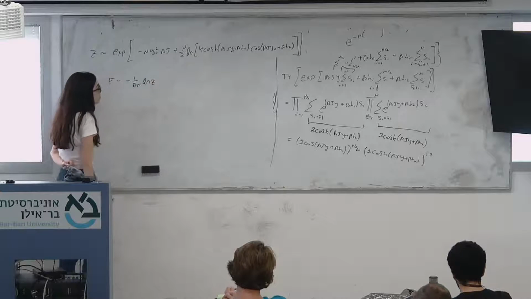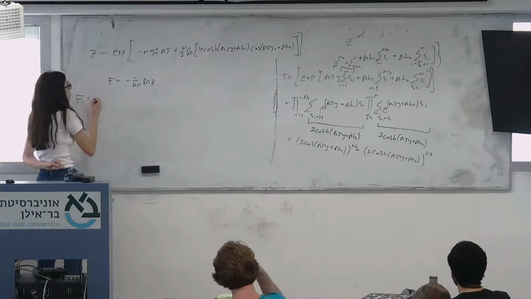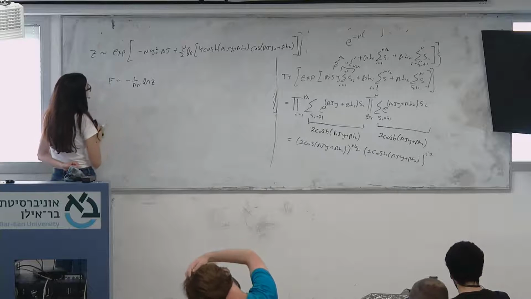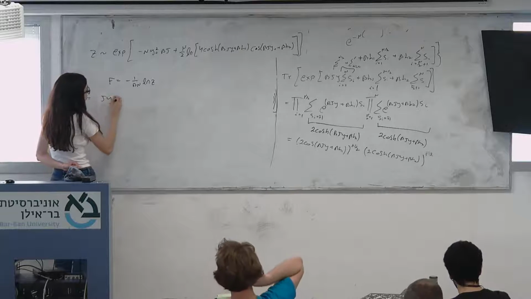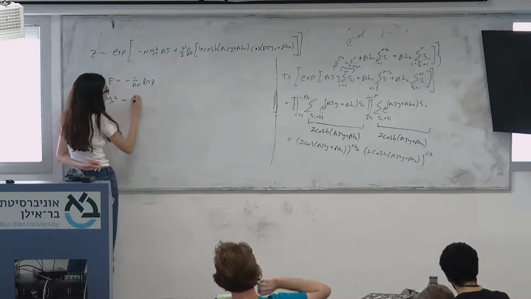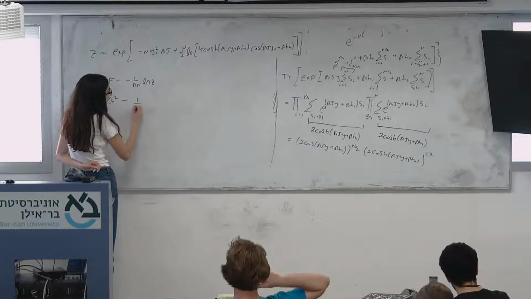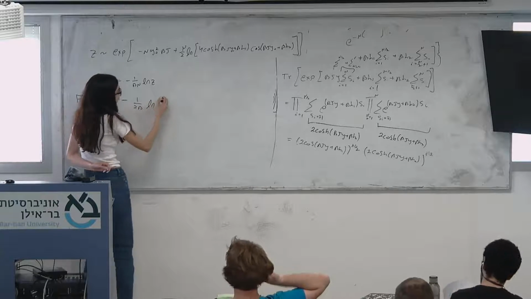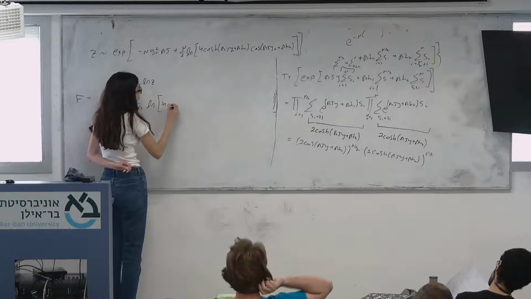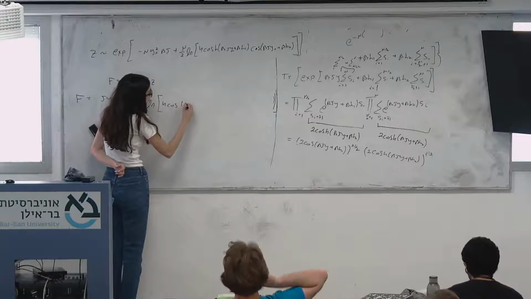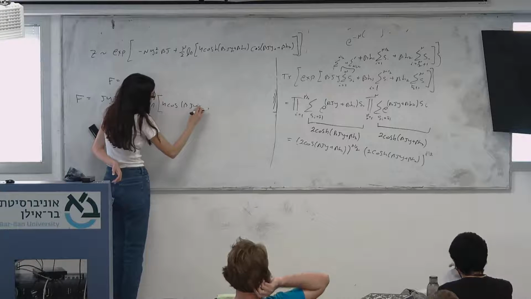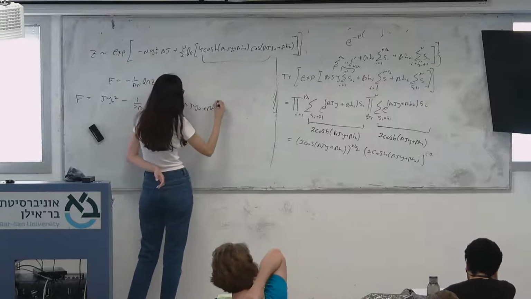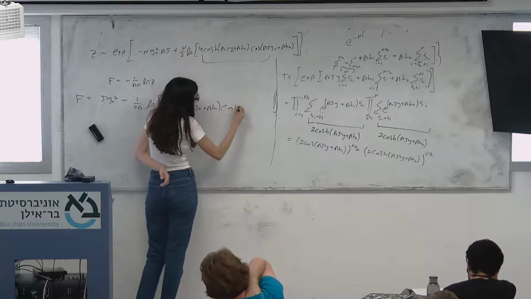So it's going to be equal in our case to J y0 squared minus 1 over 2β ln of 4 cosh, basically all of that, and another cosh.